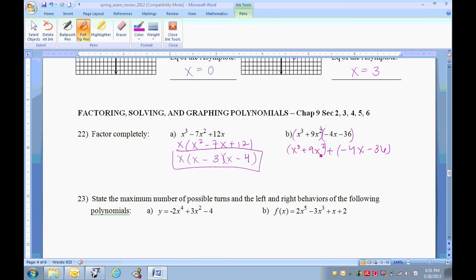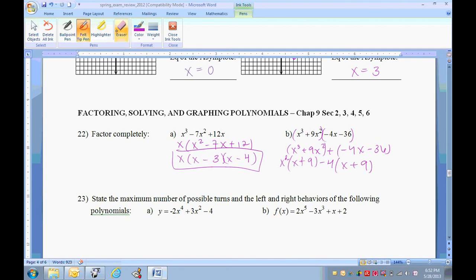Well, I notice in this first set I can pull out an x squared as a GCF. And that leaves me with x plus 9 on the inside. And then the common GCF of the second term is a -4. So I pull out that -4, and I'm left with x plus 9 on the inside also.